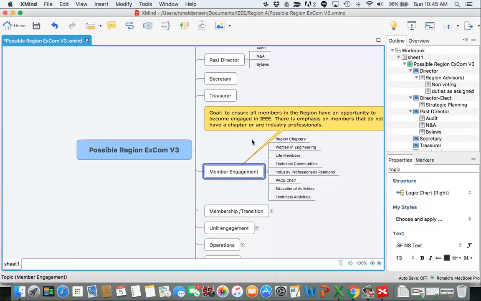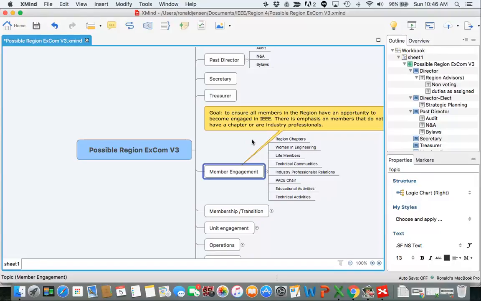Certainly Smart Grid does, and others are more industry related, and so they have special groups that have been formed. They are not as official as societies, but they are free. Any member can join one or as many of them as they wish, and they can join them at any time that they want. And so as a result, that's another way to do that. But we have no counterpart for those within the region. There are not chapters and so forth for those particular groups.